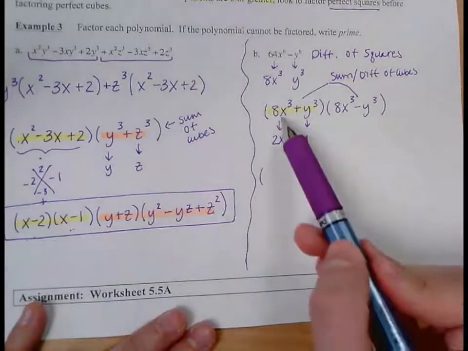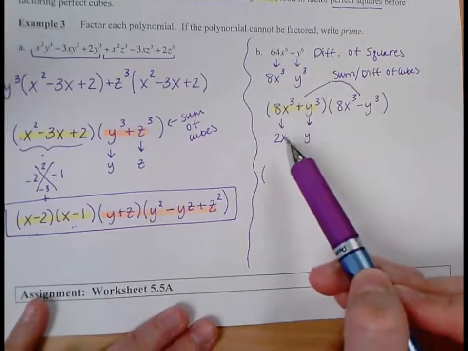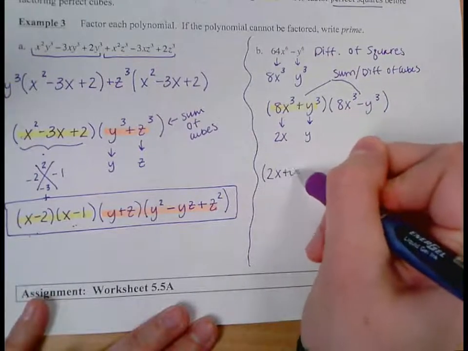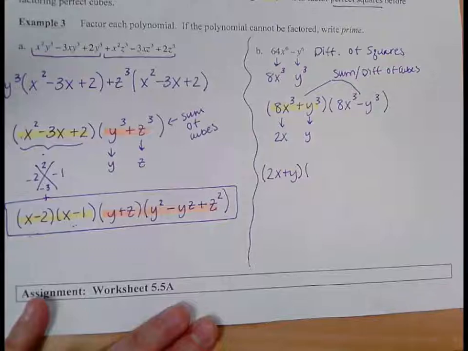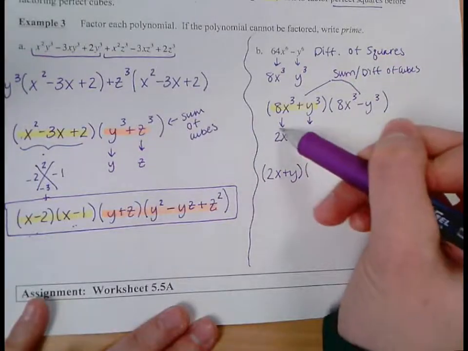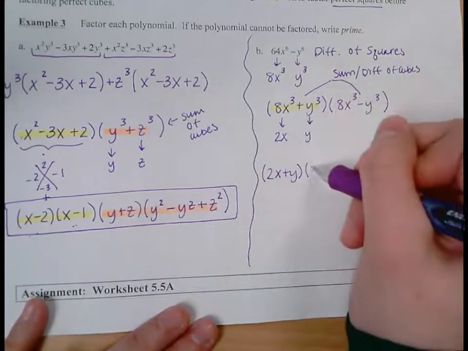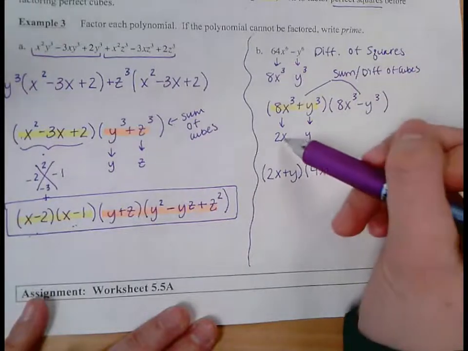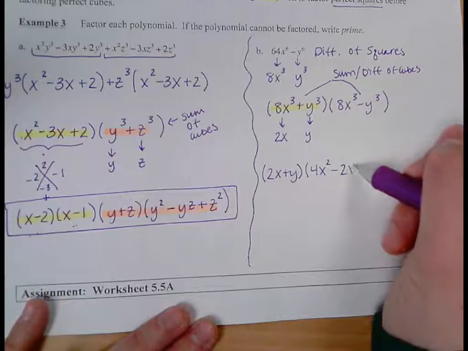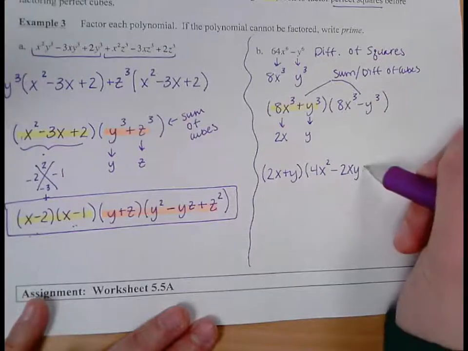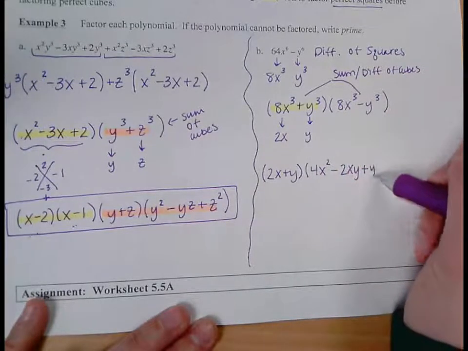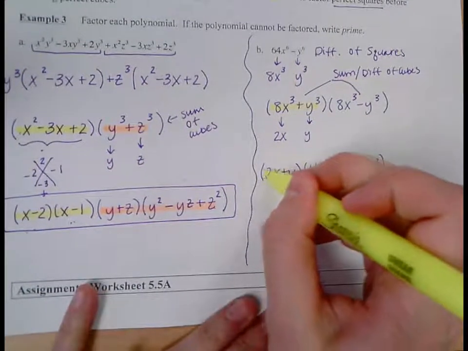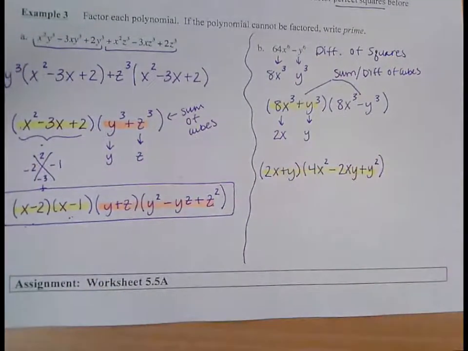So for a sum of cubes, it starts out with a plus b, so 2x plus y times a squared, and again that's 2x quantity squared, so it'd be 4x squared, minus a times b, so 2x times y, or 2xy, plus b squared, which is y squared. So this is just the sum of cubes.